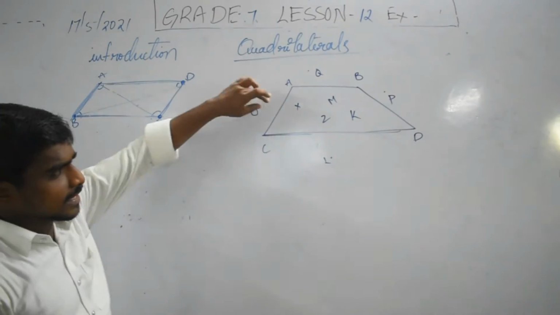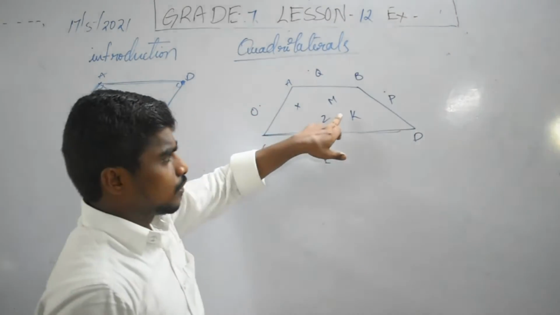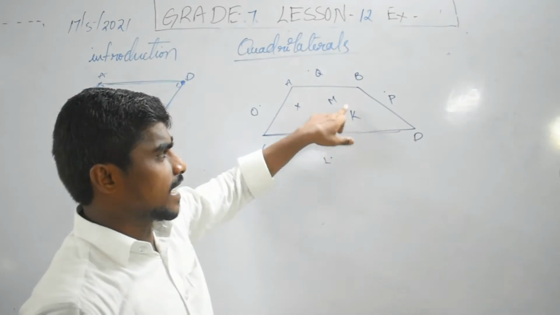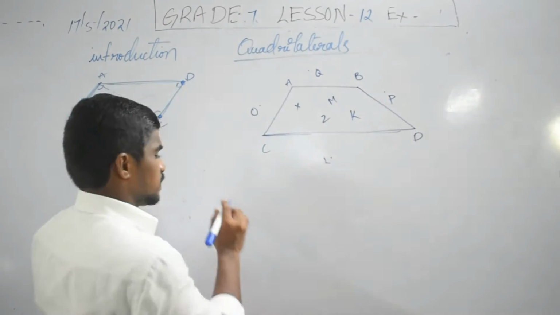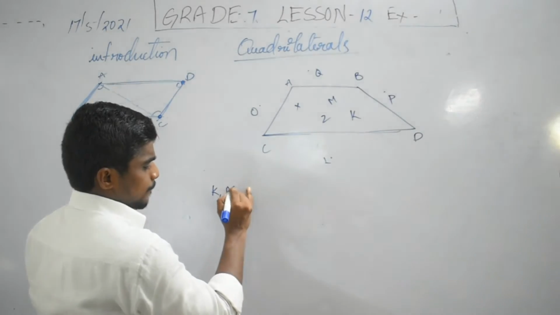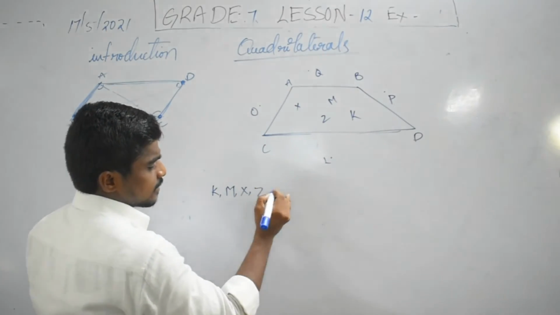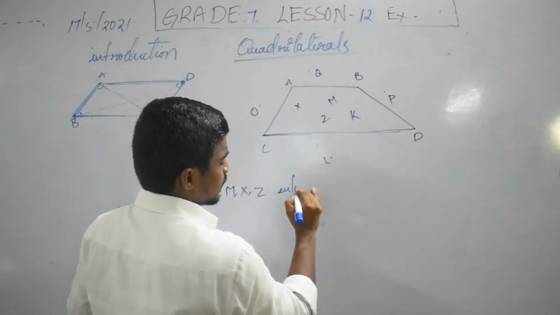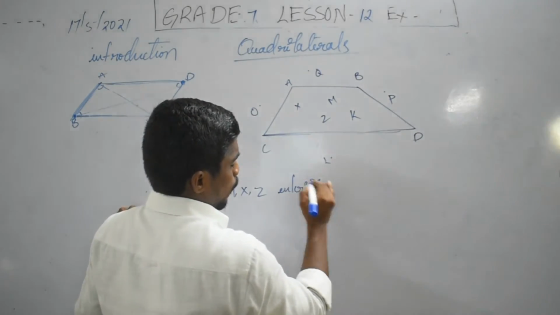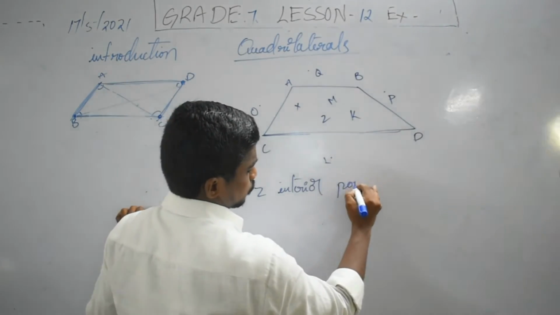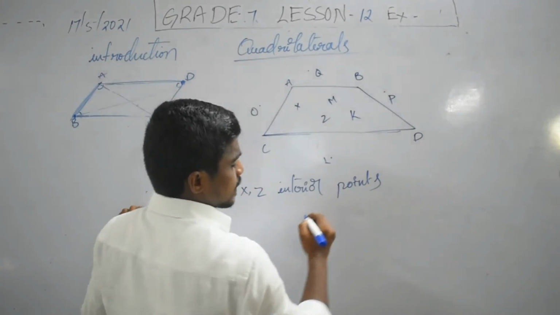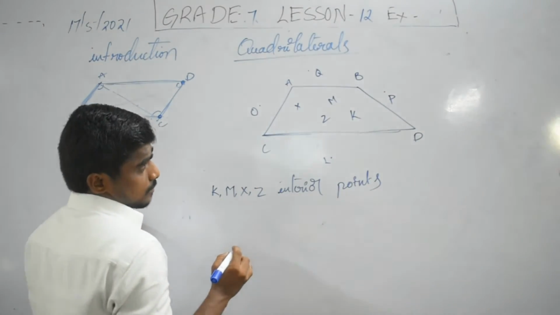Now you know, see X, K, M, X, Z. These are interior points.